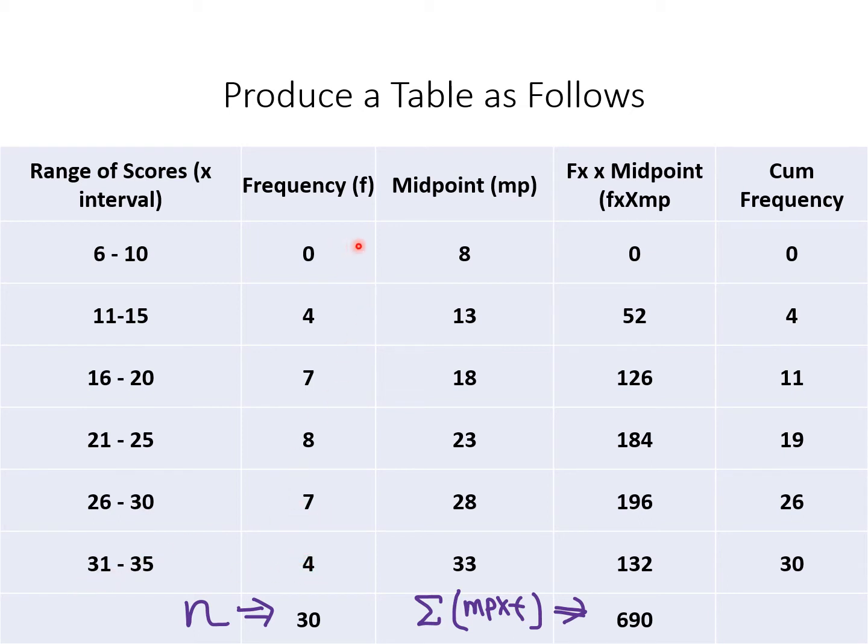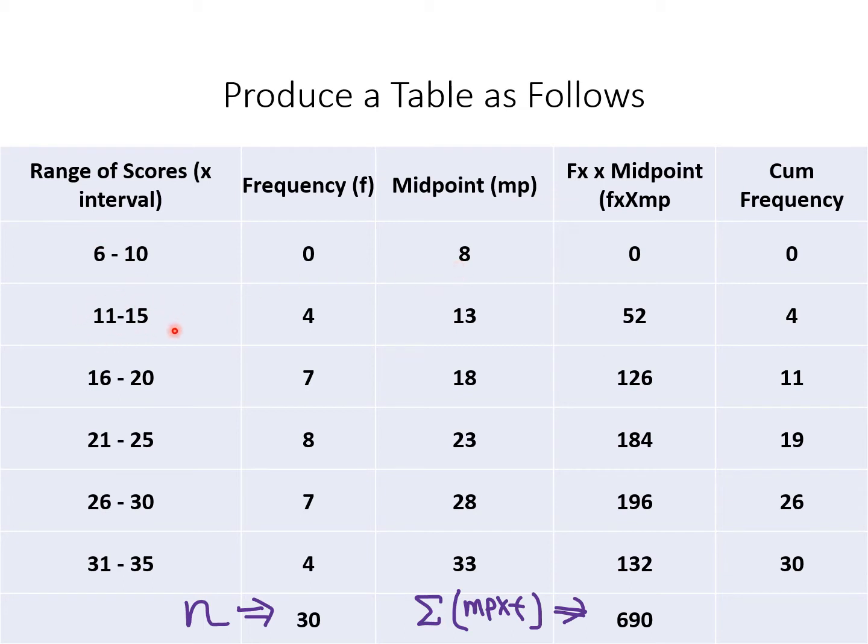Now we'll have to find the midpoint of the intervals. You take the lowest from the highest, and if you take 6 from 10, you get 4. Half of 4 is 2, and you add that to 6 and you get 8.